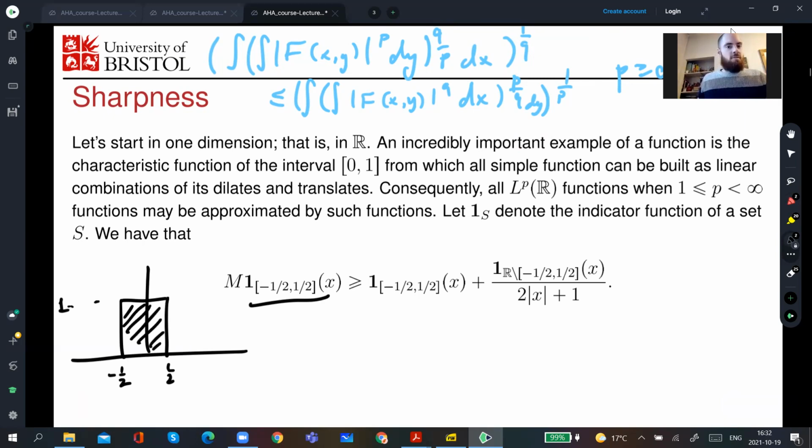There are a whole bunch of equally valid representations. For instance, at the point 2, I could make it be a bajillion, but then 0 everywhere that isn't -1/2 to 1/2. Or in any countable set, I can just make it be whatever value I want, and that doesn't affect the L1 norm. But in all of the things we go forward, we're going to pick our functions to be almost continuous on the whole real line. There'll be at least simple functions like this.